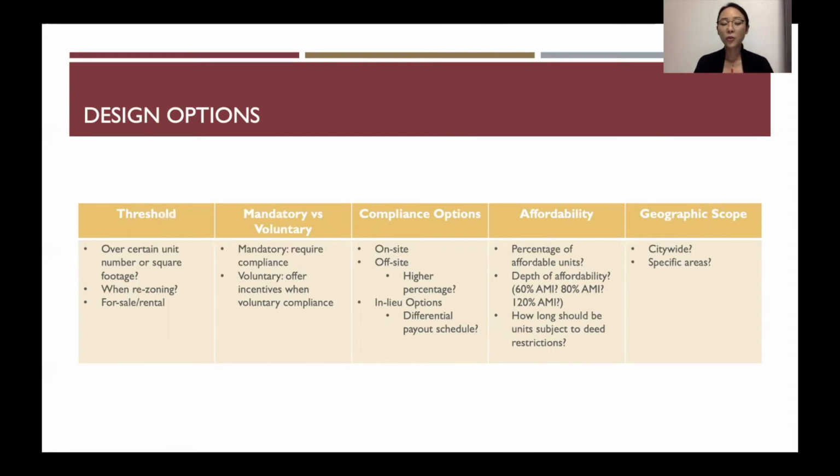And then there's also the question of for sale versus rental. You saw that in both Boston and Seattle, it's both for sale and rental, versus in Denver, it was for sale. In Tallahassee, it was for sale. So in Tallahassee, it's over 50 units and just for sale units, which has created some issue with the efficacy of the program.